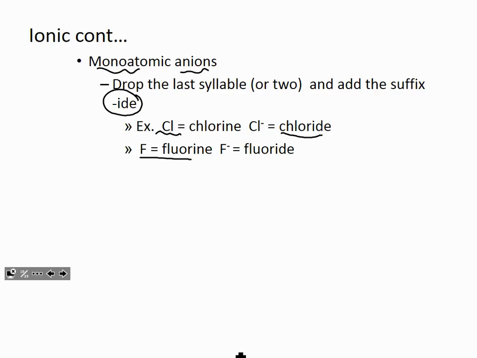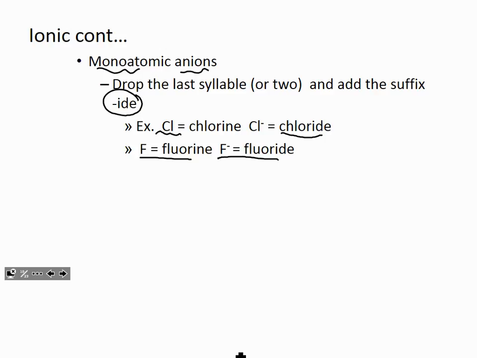Fluorine, the atom, becomes fluoride, the ion. Sulfur becomes sulfide. Iodine turns into iodide. Oxygen becomes oxide. I hope you're getting that.